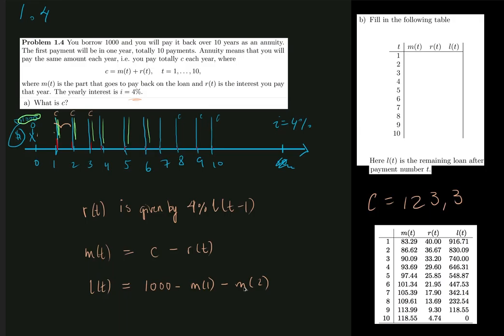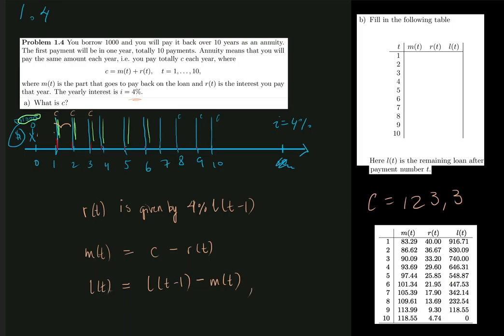So how do we write this in general? In general notation, we prefer to say L of t, the remaining loan after payment number t, is equal to the remaining loan after payment number t minus 1. So the remaining loan was there at the time period before, and then we subtract the part of the loan that we have paid back at period t.